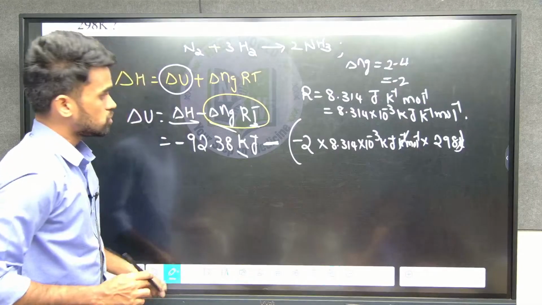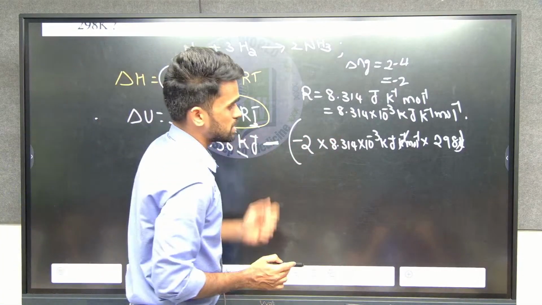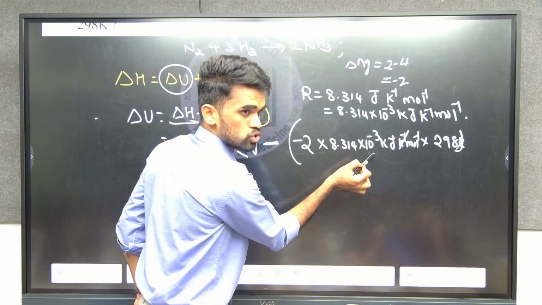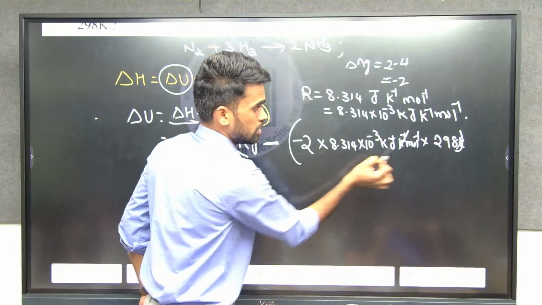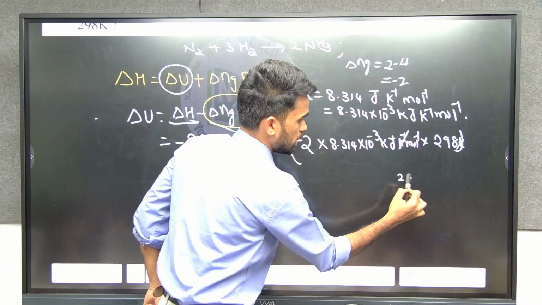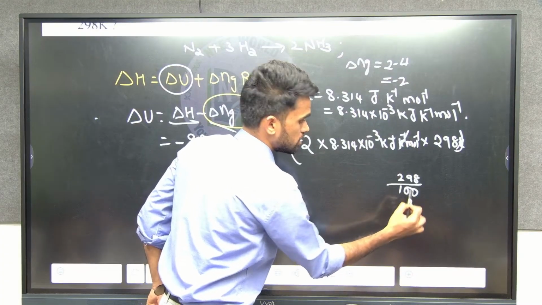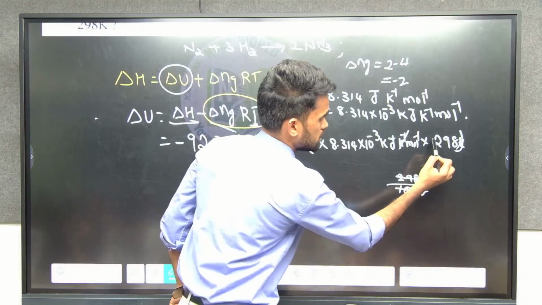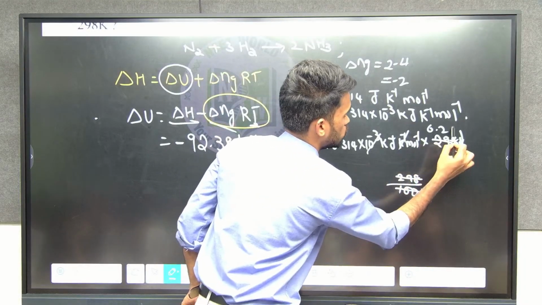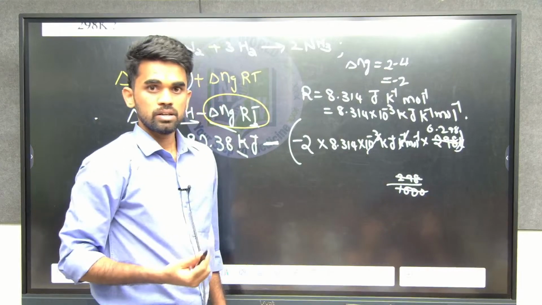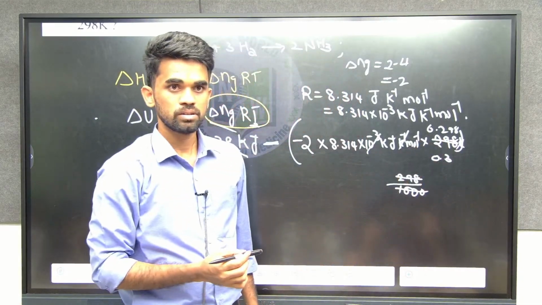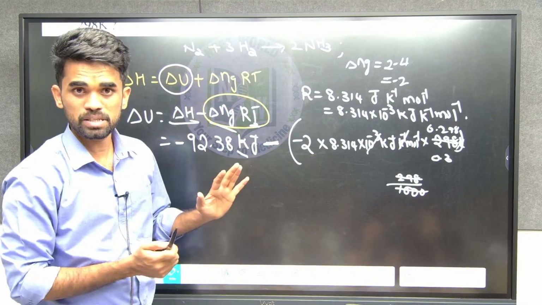So if you simplify this, how can I simplify easily? 10 power minus 3 is there, which means 1 by 1000. So I can simply write 298 divided by 1000, which is 0.298. Can I write it simply as 0.3 for simplification purposes?